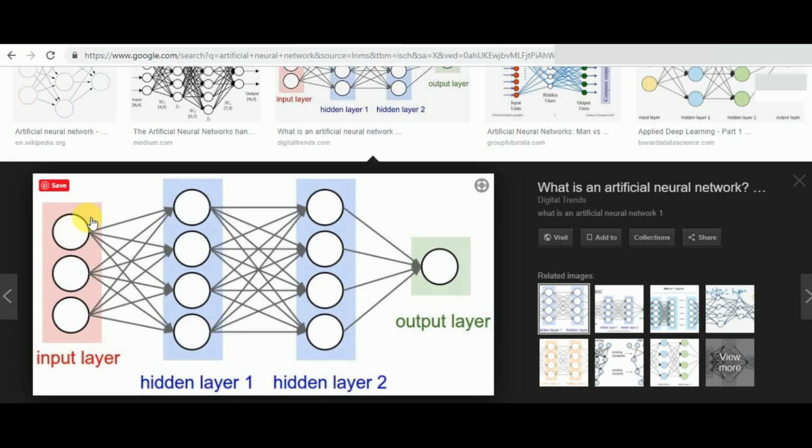When my input goes to the second layer, there are specific triggers which are allowed. For example, if I have a simple condition that if my value is greater than 1, you allow it to pass, or else you don't allow it to pass. That kind of decision making happens in neural networks.